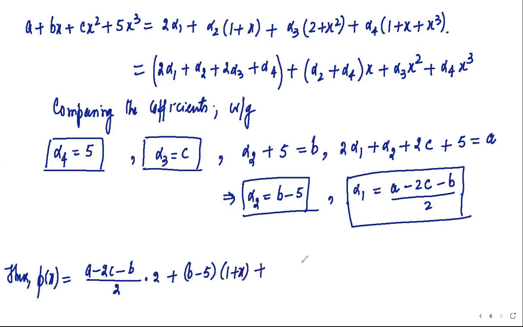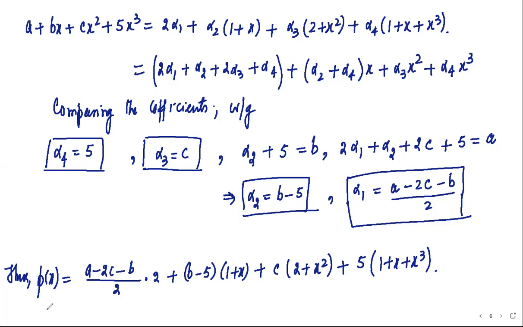Then alpha 3 times 2 plus x square, so it is c times 2 plus x square. Then 5 times 1 plus x cube. So therefore, we have represented this p of x as a linear combination of the vectors 2, 1 plus x, 2 plus x square, 1 plus x cube with some scalars from the set of real numbers. One scalar is this, another is b minus 5, then we have c, then we have 5.